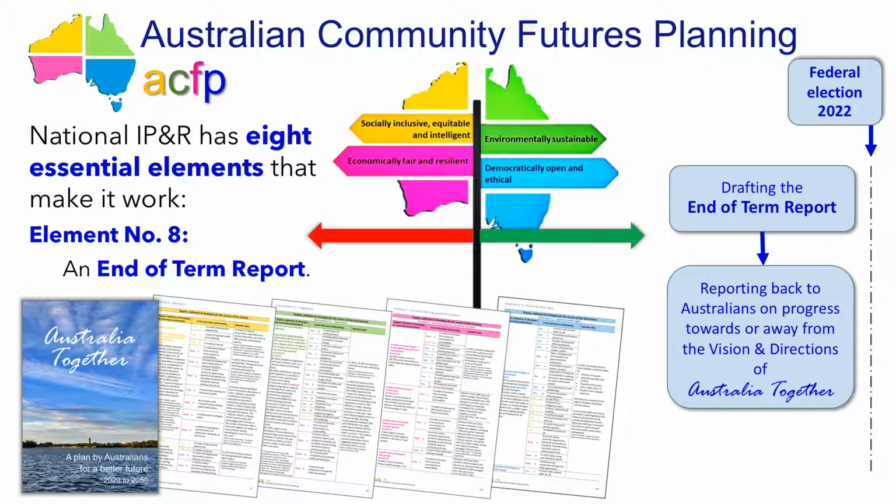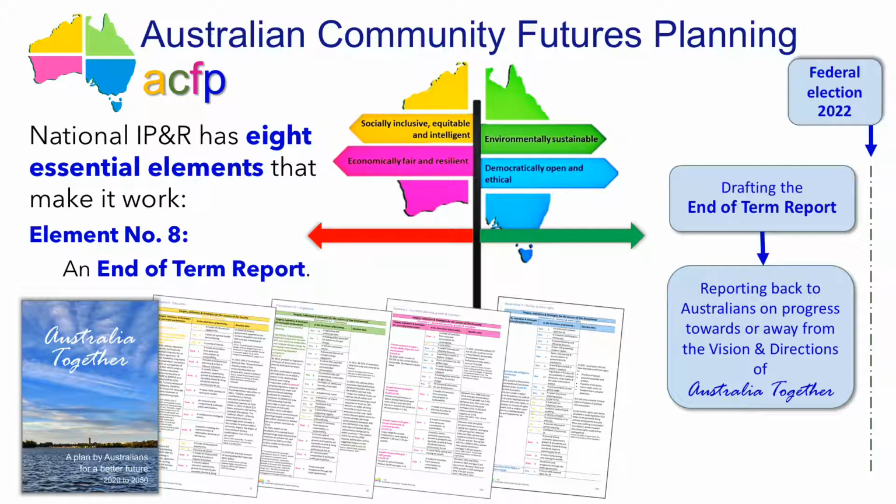I say that we check wherever we can, partly because ACFP itself needs resources to do this, and partly because even if we do have resources, it's not always possible to find data about the direction in which we have moved, especially if the government has cut funding to major data collectors like the Australian Bureau of Statistics.